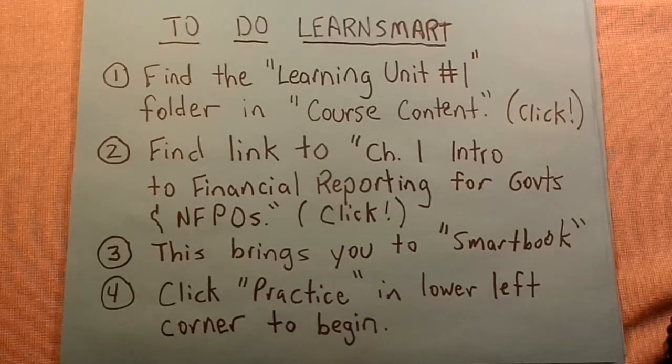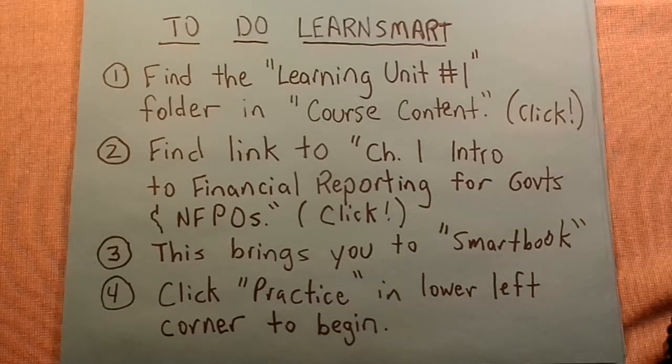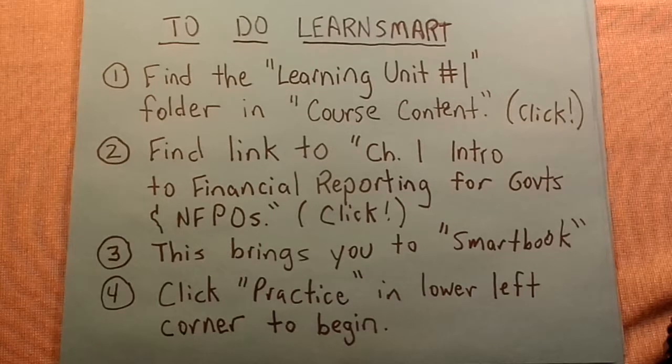This number 1 here is missing the word assessments. It should have said that. Find the Learning Unit 1 Assessments folder in course content. Then you find the link to Chapter 1, Intro to Financial Reporting for Governments and Not-for-Profit Organizations, and you click that. This brings you to Smart Book. Some people don't always know exactly how to get started on the assignment, but at the bottom left, there's a section called Practice. If you click Practice at the lower left, you actually begin your assignment.